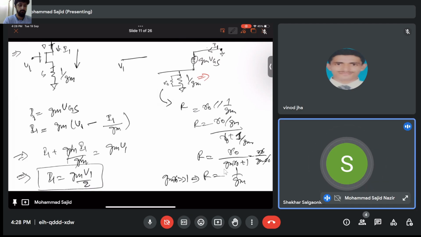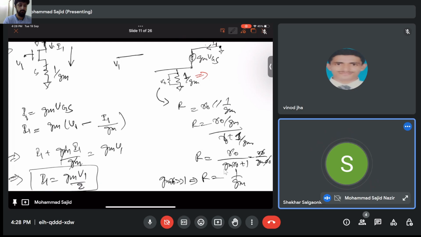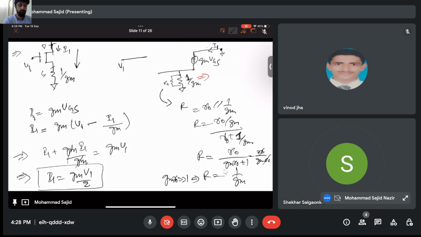Now if you want to do incremental analysis, we draw the circuit and this potential, that was at some DC bias, is grounded, right? There may be increase and decrease in current, but the direction depends on what the waveform is. But the overall total current will always flow from drain to source.